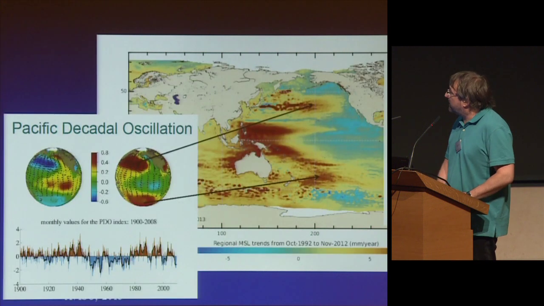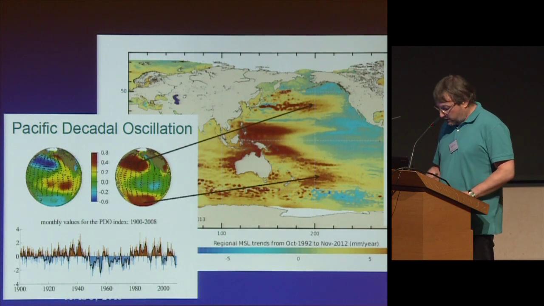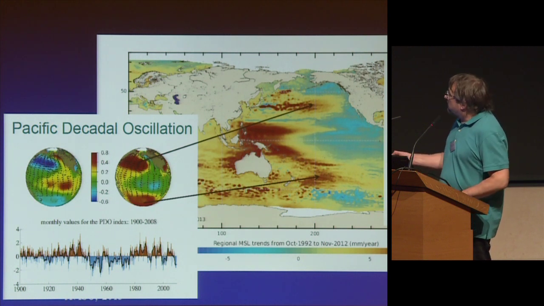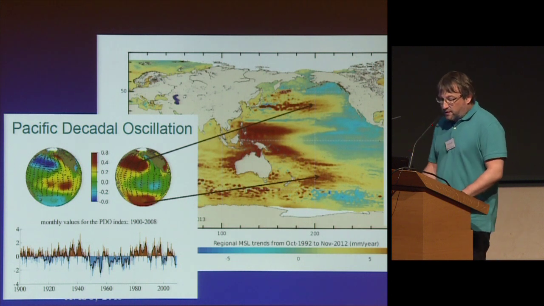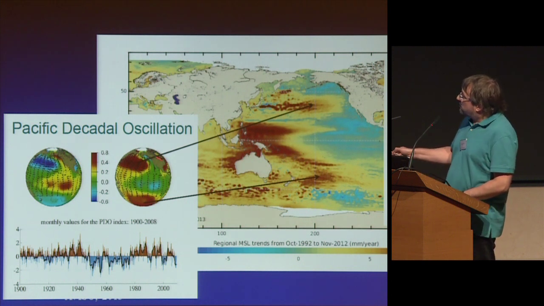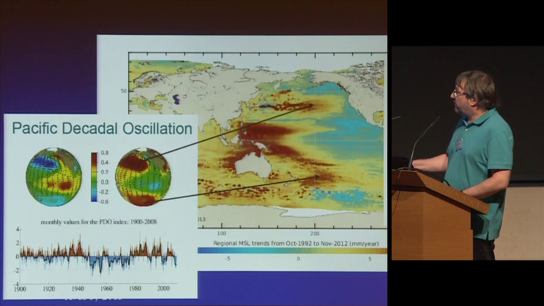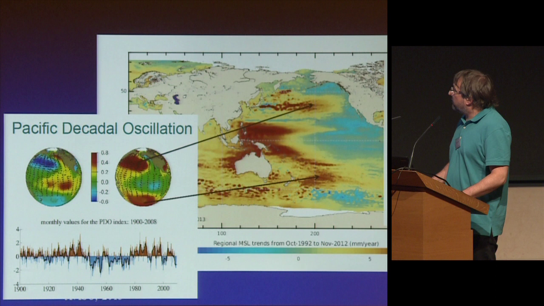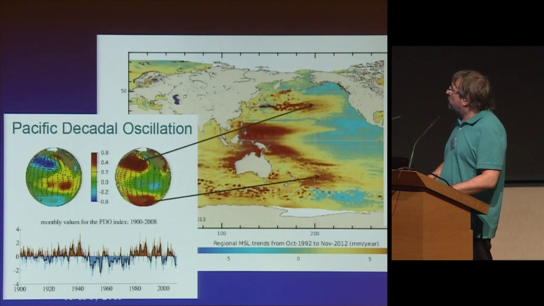For example, if we look at the Pacific Ocean, this shape here, and especially these positive patterns, the shape of this is very much like the same pattern in sea surface temperature of the Pacific decadal oscillation. And this oscillation has a very important decadal variability. So we would expect that this is due to some decadal variability.